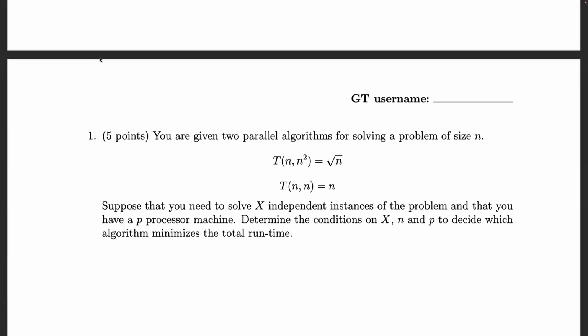The first one's work is n squared times root n, and the second one's work is n. So there are some settings of processors where the first one is not efficient. The question is to determine the settings of the number of processors and copies to reach the work-efficient value.